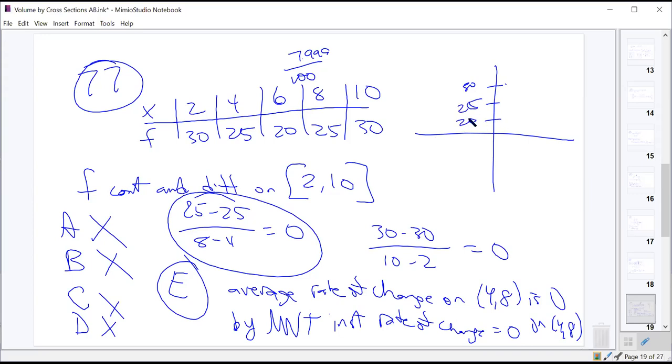And we could be going, there's 2, there's 4. Then we had to hit 6 at 20. And then we went way down here, but then by the time we hit 8, we came back up to 25. Right? So that minimum didn't actually occur at 6. It occurred somewhere between 6 and 8.